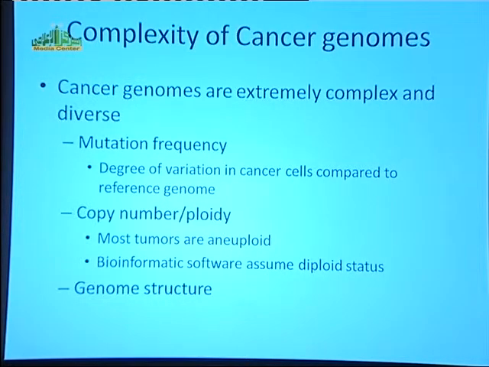The genome structure of cancer cells also proves to be challenging in that there are many translocations present, which require more complexity in terms of library construction and place more pressure on the technology with respect to things like read length, in order to give you the ability to identify novel translocations which could lead to, for instance, fusion genes which may be drivers for the particular cancer and potential targets for that cancer.